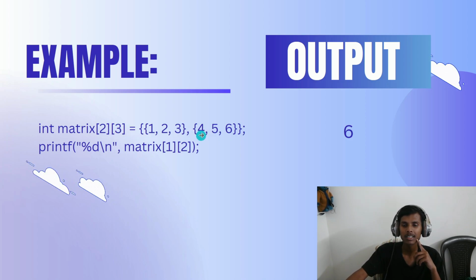Within the curly braces, we have created 2 more curly braces. These curly braces identify the rows. Each row consists of multiple columns, right? So the first row contains multiple columns, as you can see here, and the second row consists of 3 more columns.